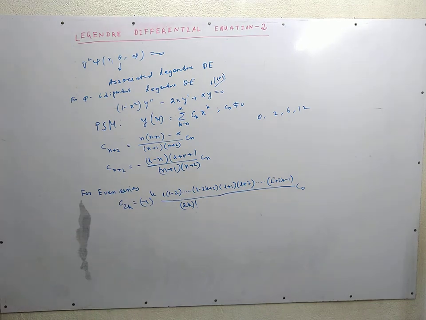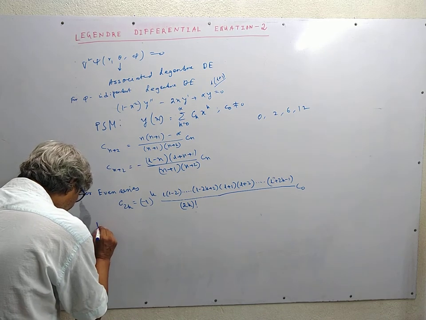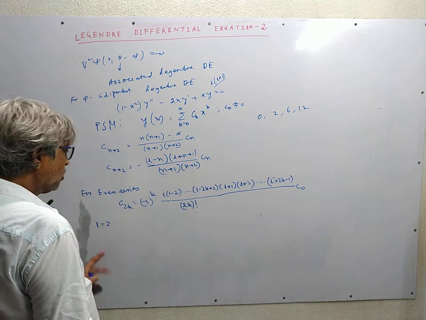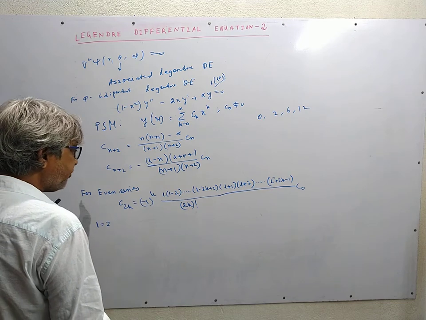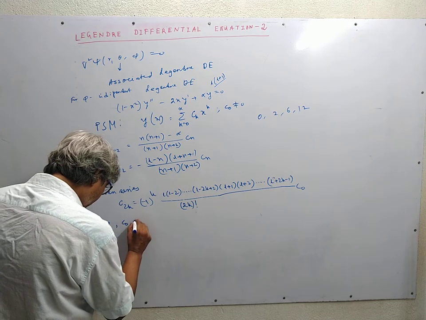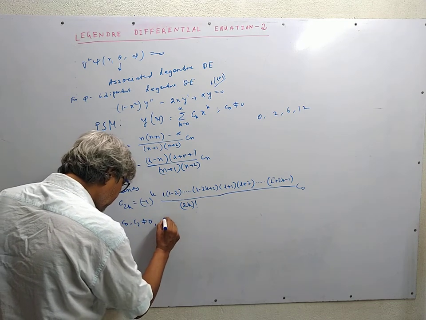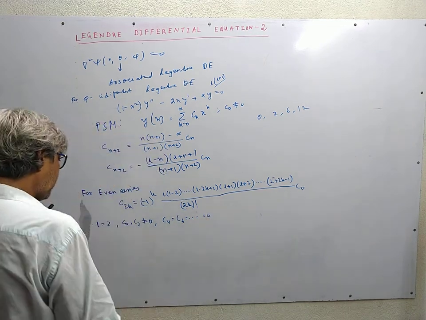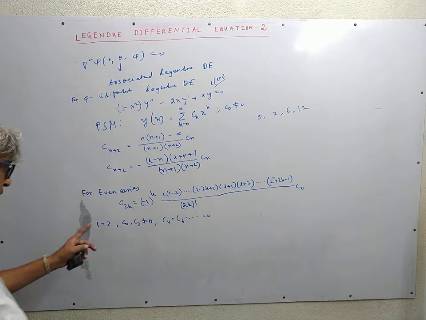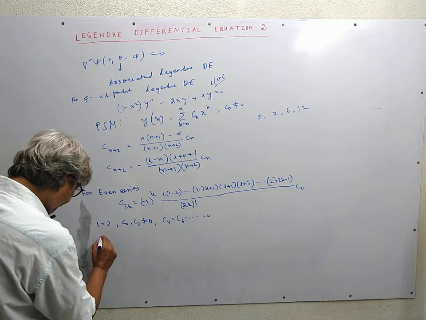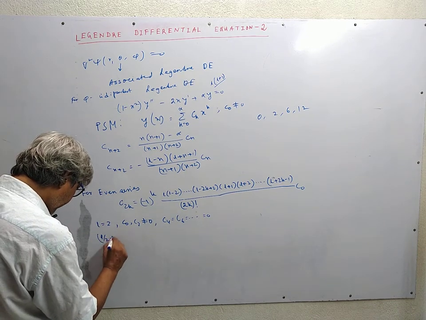We see that for even values of L, say L is equal to 2, C0 and C2 are non-zero and C4 onwards are 0. So for even values of L, this even series becomes a polynomial of order L having L by 2 plus 1 terms.